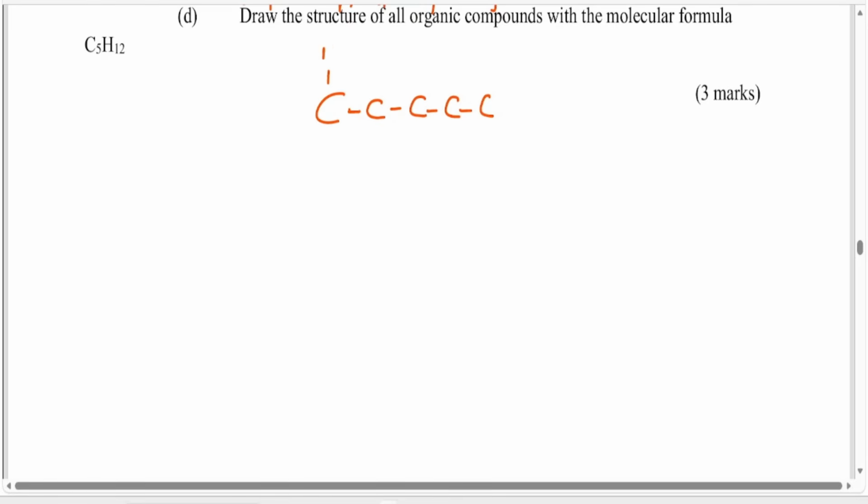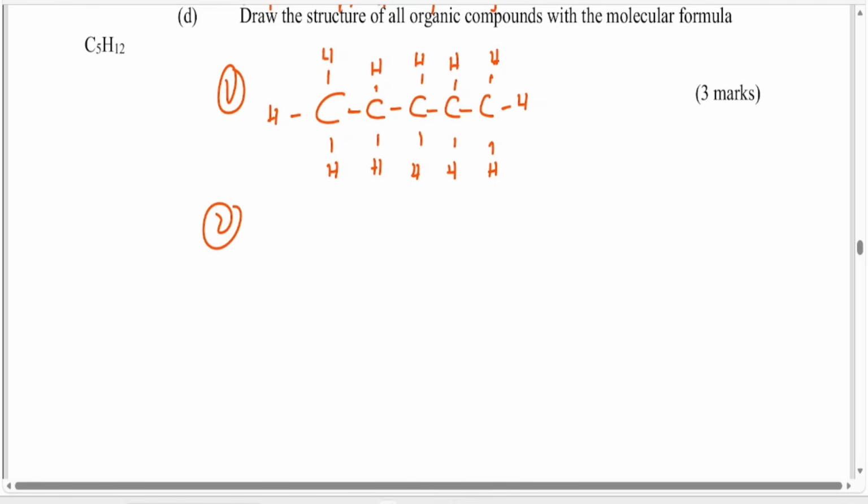Then we add the hydrogens. So we are being taught to draw, we are not taught to name, but this is supposed to be pentane. That is the first one.